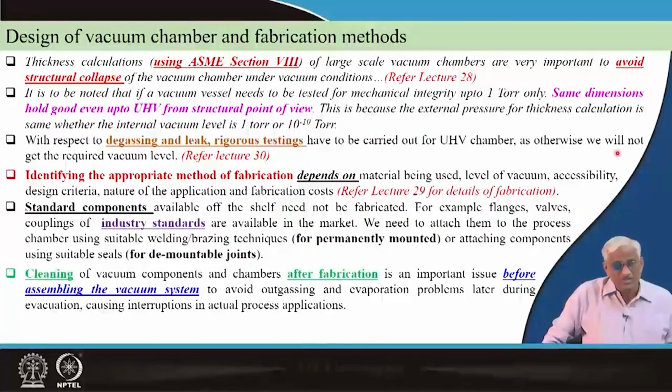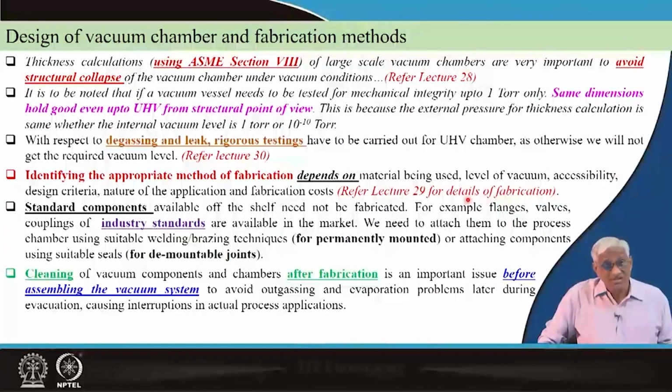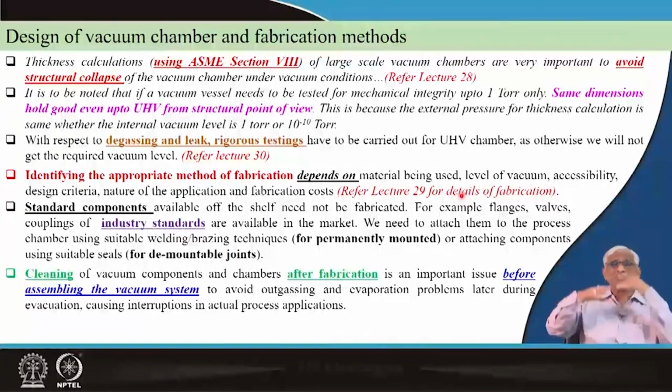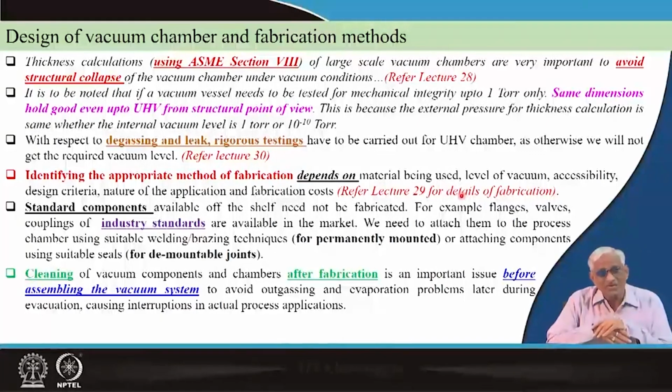Okay. Then chamber fabrication. A designer normally has a tendency to say that fabrication is not my headache. No, nowadays you have to know something about everything, and if you are a specialist in that, everything about something.